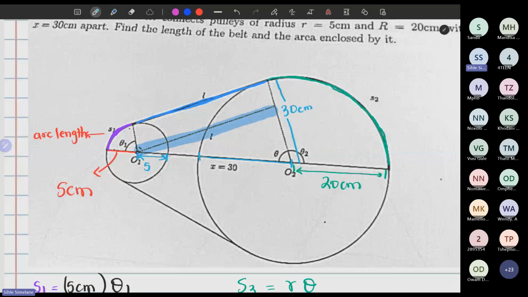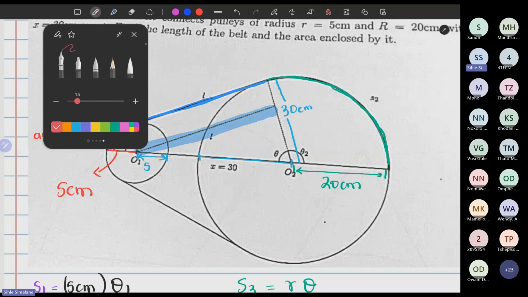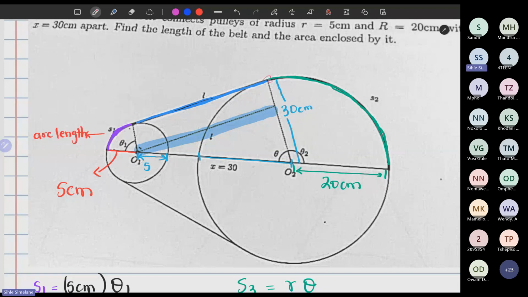And we are now trying to figure out what that length L is. What we need to remember from high school is that the radius is always perpendicular to the tangent. So the tangent to the circle will meet the radius at an angle of 90 degrees.